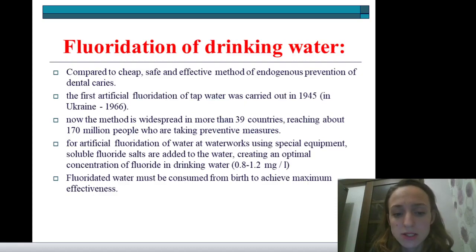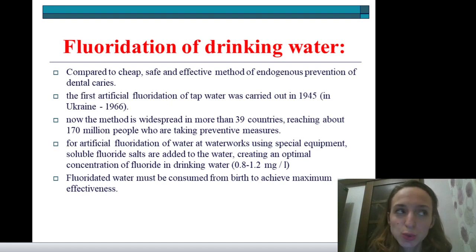Now the method is widespread in more than 39 countries, reaching about 170 million people taking preventive measures, and artificial fluoridation of water is done at waterworks using special equipment.